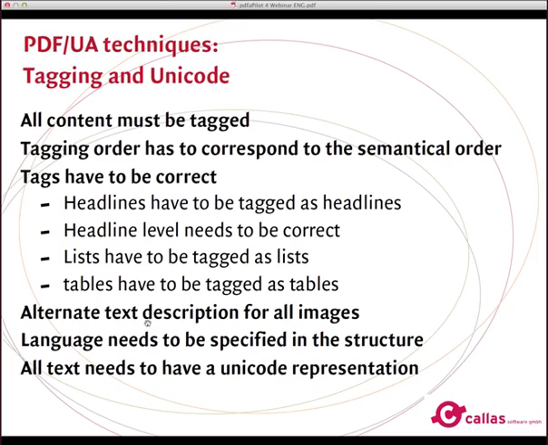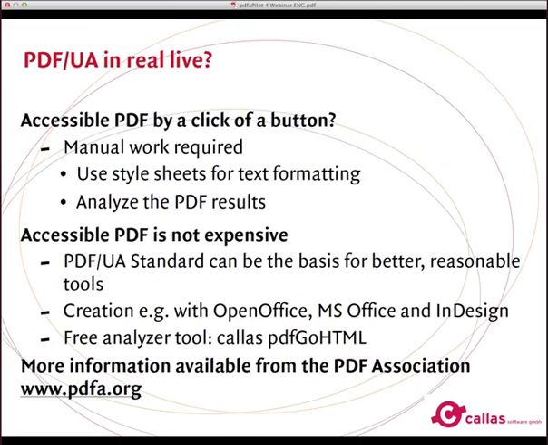Alternate text needs to be present for all images, and importantly, the language needs to be specified so that a screen reader would not read a text in German when it's English, with a completely different pronunciation. So language needs also to be present. This is all about tagging, and then there is Unicode, and I have already explained that. So that's about PDF/UA.